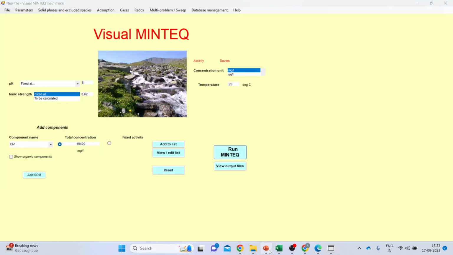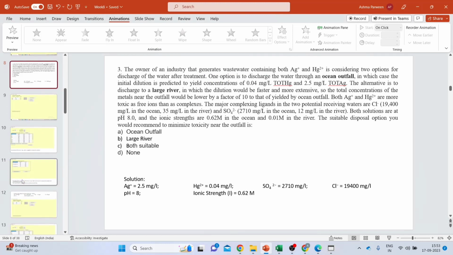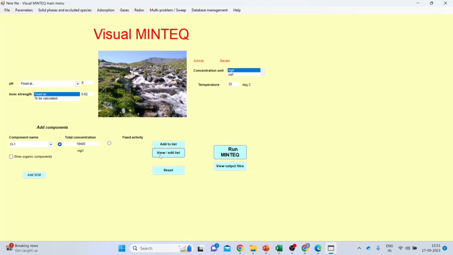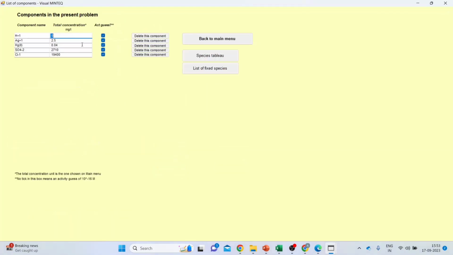So let's go to the slides. Here it was given that there is a lot of mixing in the river, so there is a reduction in the concentration of Ag plus and Hg2 plus by a factor of 10. So now the Ag plus concentration is 0.25 and Hg2 plus is 0.004. Also sulfate and chloride have changed, and also ionic strength has changed. Let's change all this. So now we can directly go and edit here.